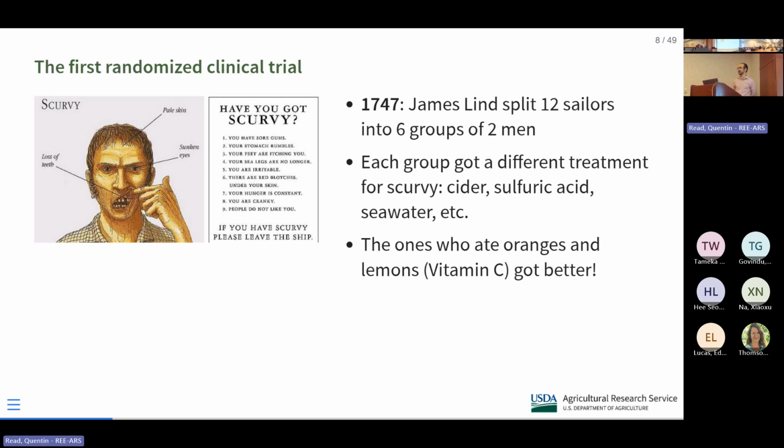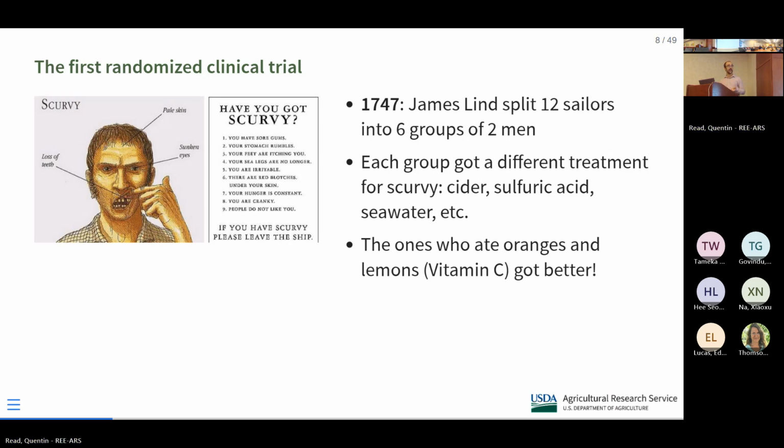It was anecdotally known that eating oranges and lemons would cure scurvy. And so, at least according to the story, the sailors that ate the oranges and lemons got better, because scurvy is nothing but a vitamin C deficiency. So if you eat vitamin C, the symptoms will go away.